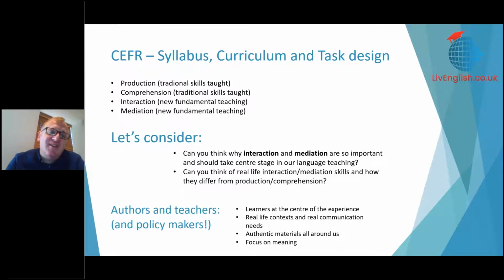So what happens is that course creators, publishers, and ultimately teachers have had the need to use the CEFR to then create tasks, to then create course books, for instance, homework, for instance, spoken and written tasks based on what the CEFR described.